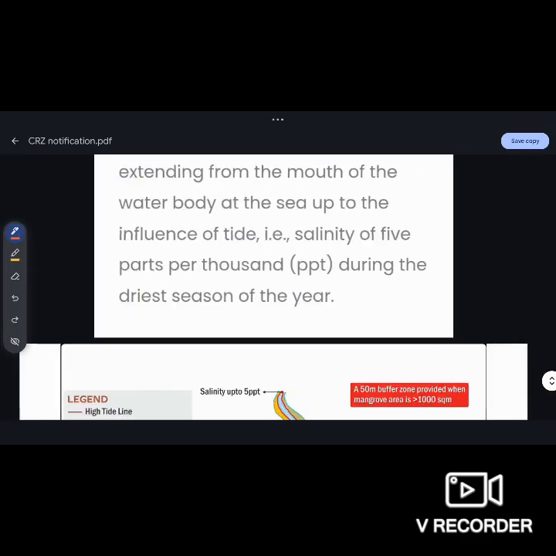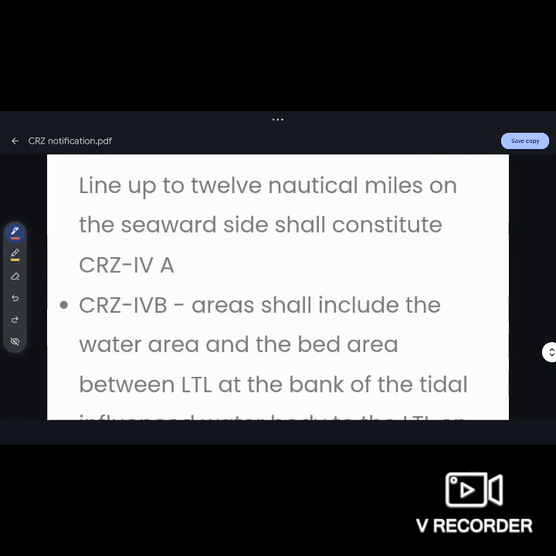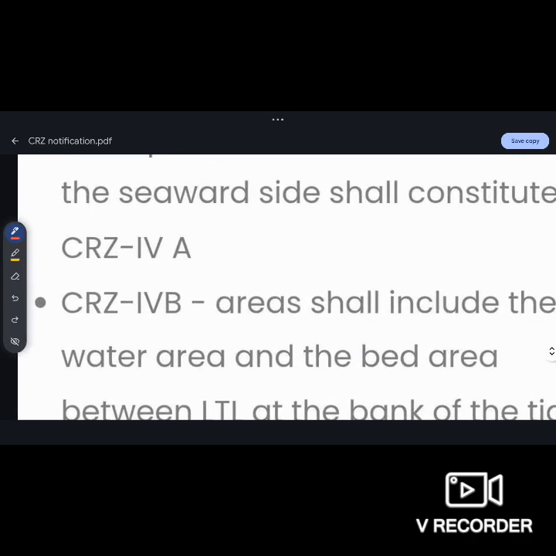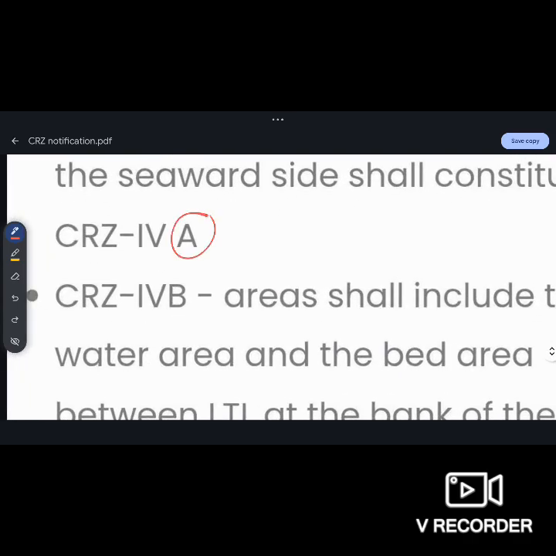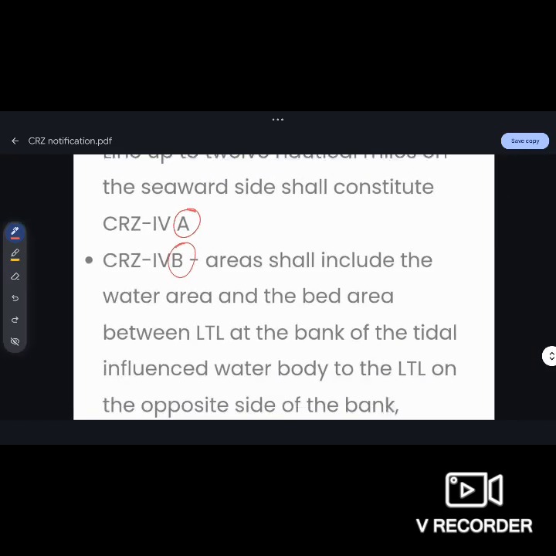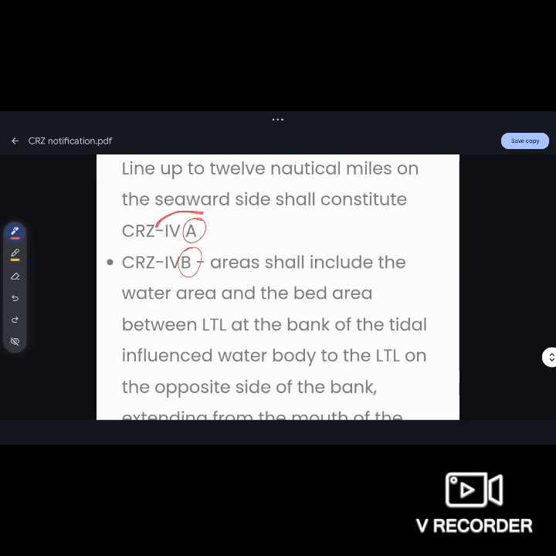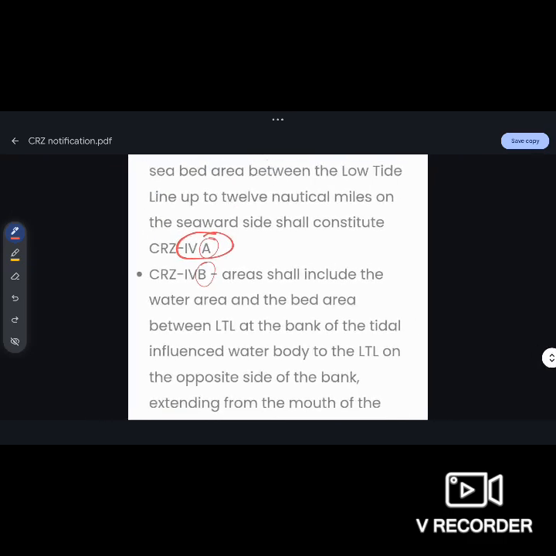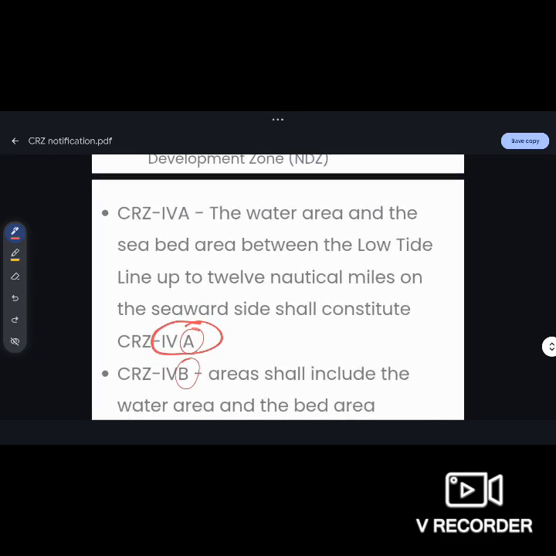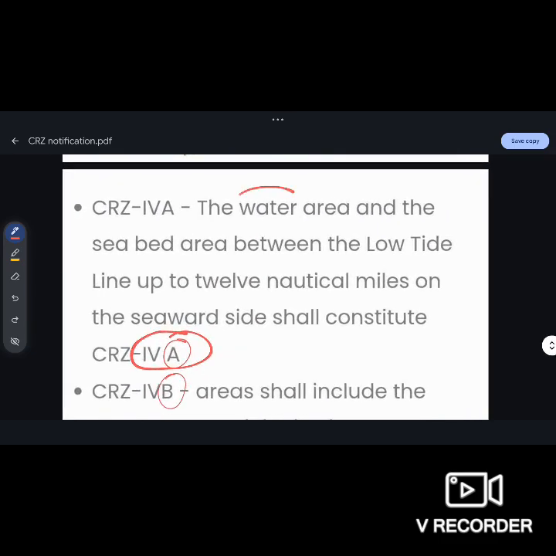Now let's move on to the CRZ fourth category. This category has also been subcategorized into A and B. So under CRZ 4A, those areas will come which remain inundated with water year round, and the water area and the seabed areas between the low tide line to 12 nautical miles come under this category.